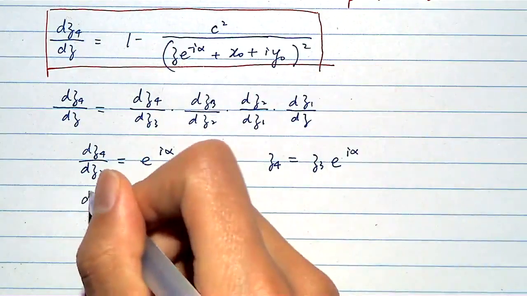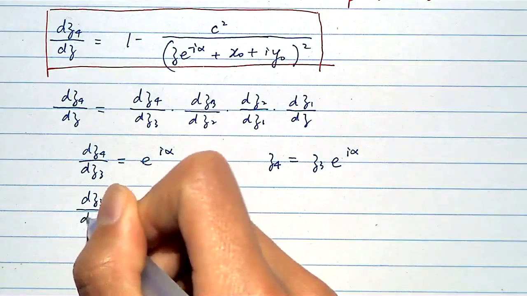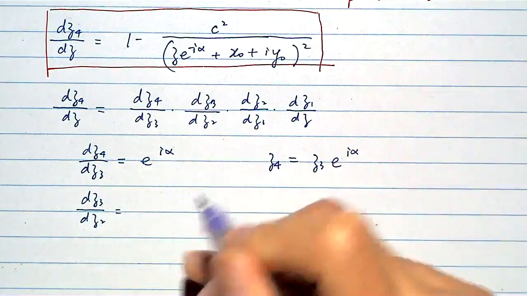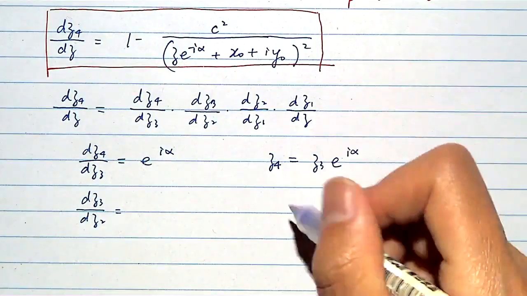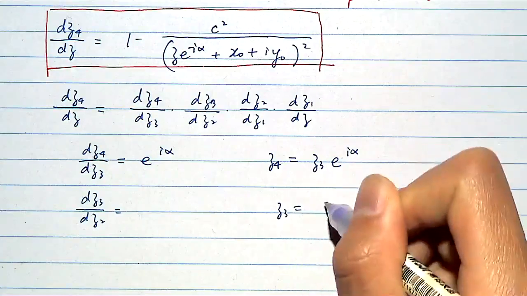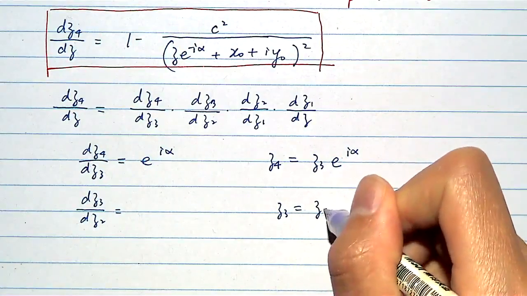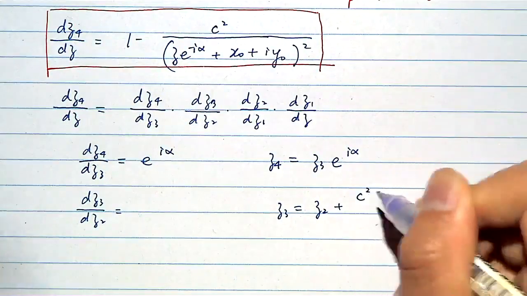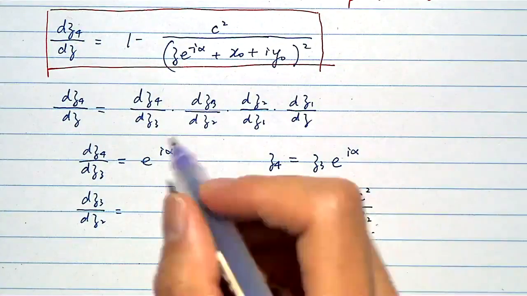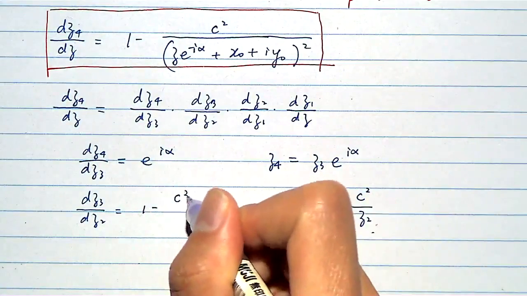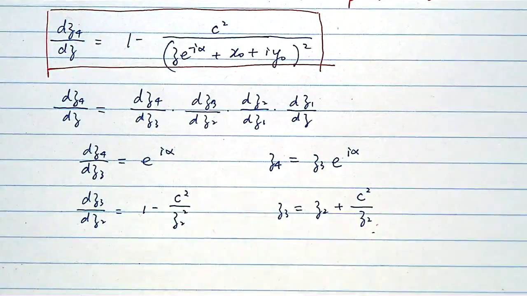And next one, dz3 upon dz2 is, this is the step of Joukowsky transformation. z3 is z2 plus c squared divided by z2. So differentiate that, we get 1 minus c squared upon z2 squared.